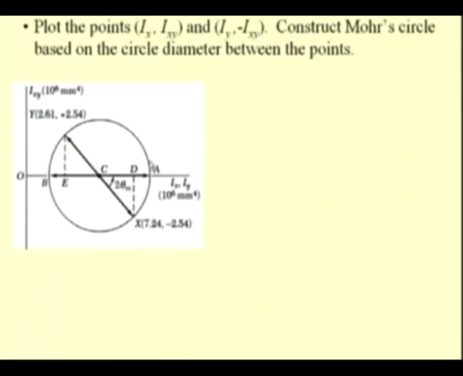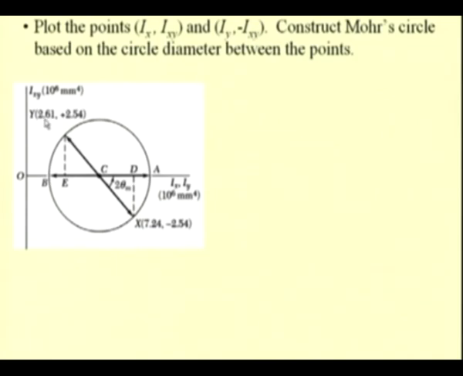This picture shows the 2 points, that is Ix, which is 7.24, and Ixy corresponds to minus 2.54. So, X is the point corresponding to the second moment of inertia with respect to the x axis and Ixy, and the diametrically opposite point is Iy comma minus Ixy.